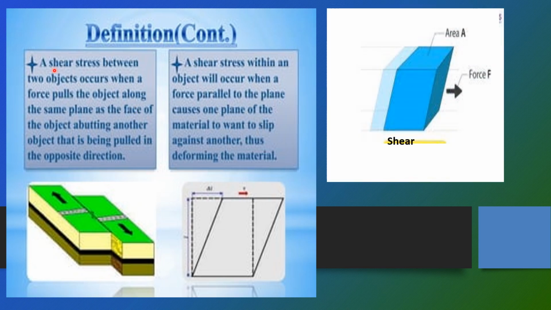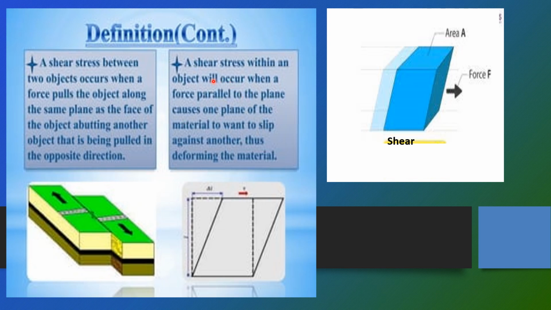Moreover, we say that a shear stress between two objects occurs when a force pulls the object along the same plane as the face of the object, abutting another object, in other words, touching another object adjacent to it that is being pulled in the opposite direction as indicated in this drawing.